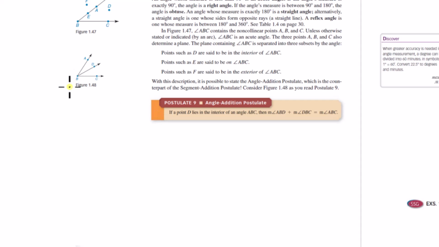We've got point D in the interior of angle ABC. Then the measure of angle ABD plus the measure of angle DBC is equal to the measure of angle ABC. The measure of angle ABC is equal to the measure of angle ABD plus the measure of angle DBC.